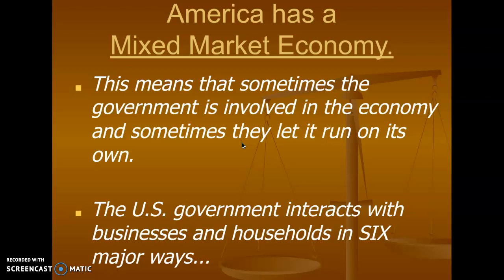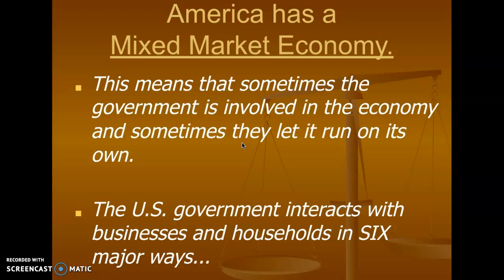However, the government inspects the house to make sure that the plumbing, the electric, the framing, and all of those things are safe. So they let the business run and do its thing, but they do check it once in a while to make sure that it's not producing a product that's going to be unsafe for the consumers. That's an example of the government being involved in the economy.